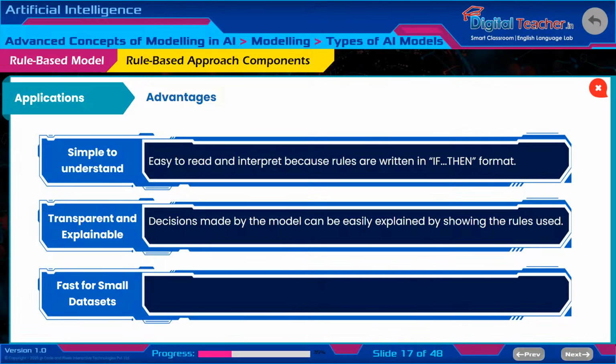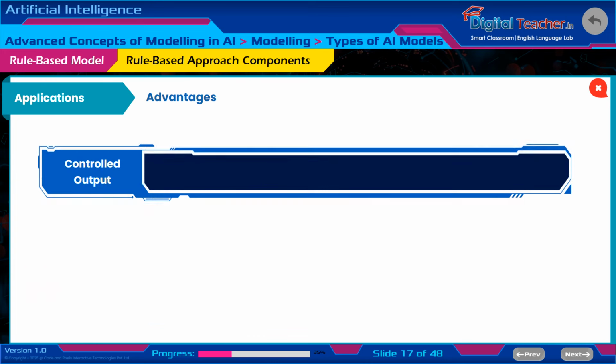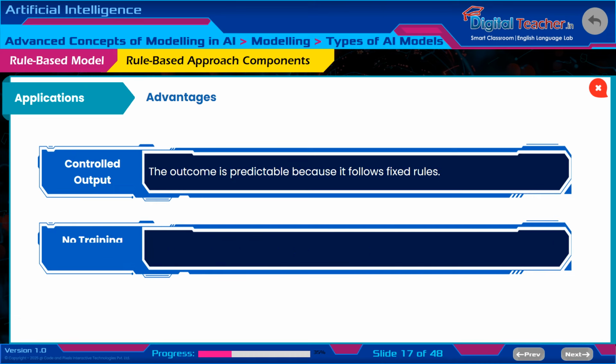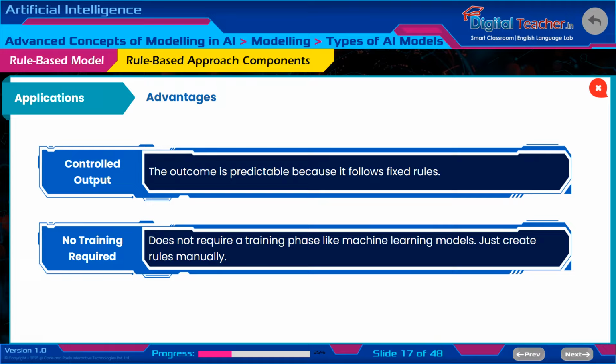Fast for small data sets. Works quickly when there are fewer rules and less data. Controlled output. The outcome is predictable because it follows fixed rules. No training required. Does not require a training phase like machine learning models. Just create rules manually.